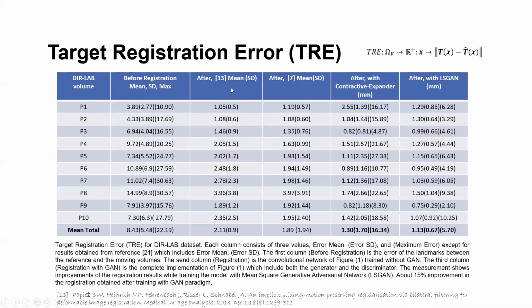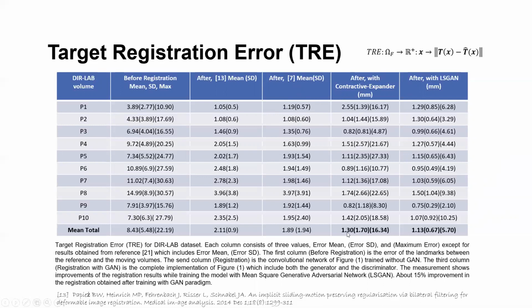Then the result obtained from reference 13, which is related to the iterative method. Then in column number 4, we have the registration using a convolutional neural network in reference number 7 that was lately reported. Columns number 5 and number 6 are basically our results.